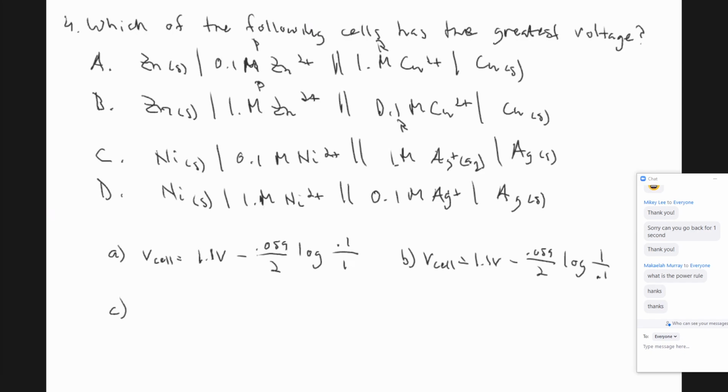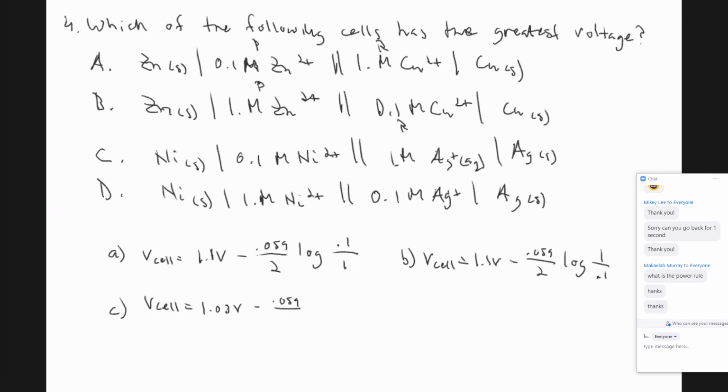For C, the voltage of the cell, if you find the oxidation potential for nickel from the table within your handout and the reduction potential for silver, and you add it up, it gets 1.03 volts minus 0.059.